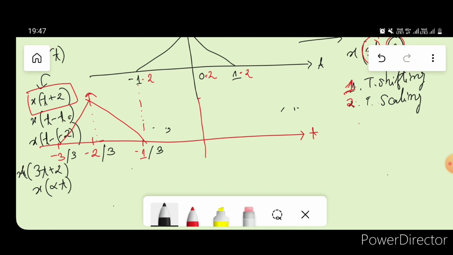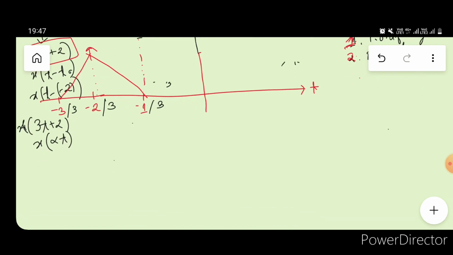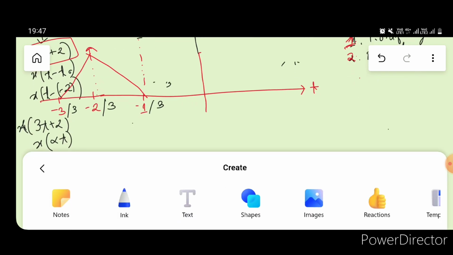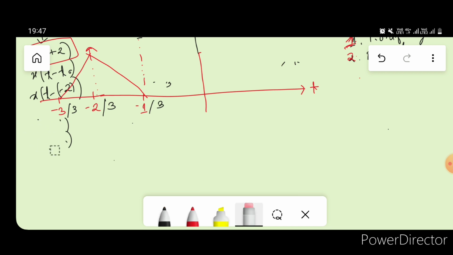Let's plot this signal nicely. By applying the shortcut method, we just divided all the values of the time axis by 3.